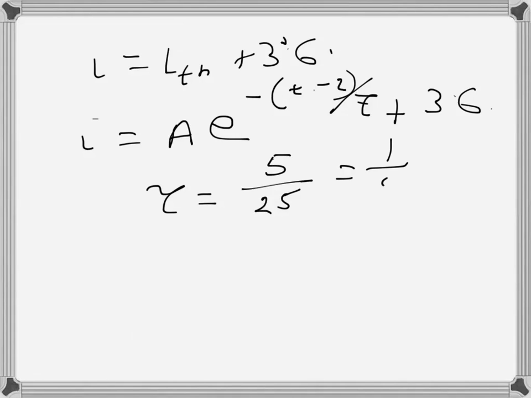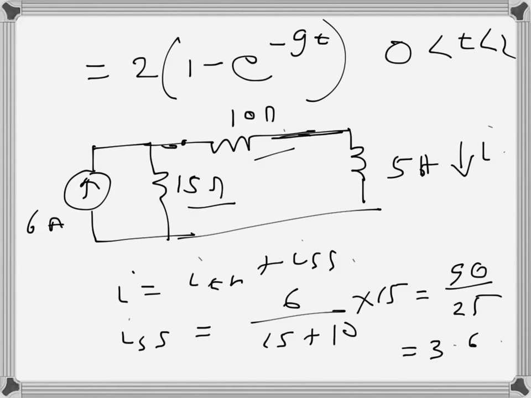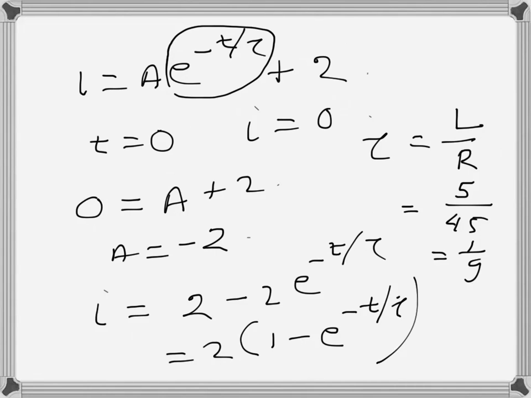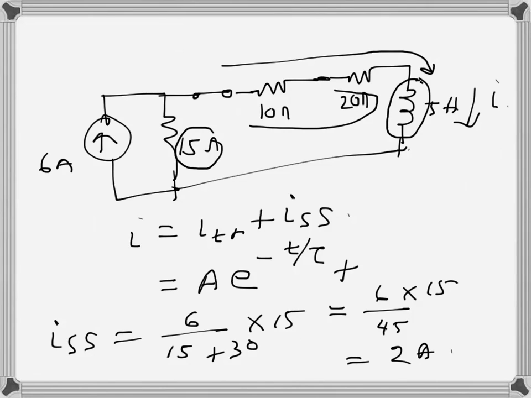So 1/5 there. And at t equals 2, which is the start, I was 2, because at t equals 2, this circuit was in steady state with this switch closed.